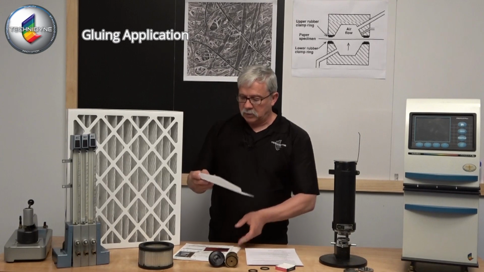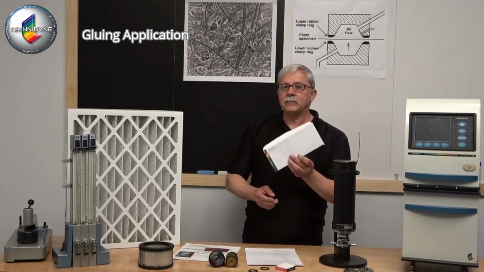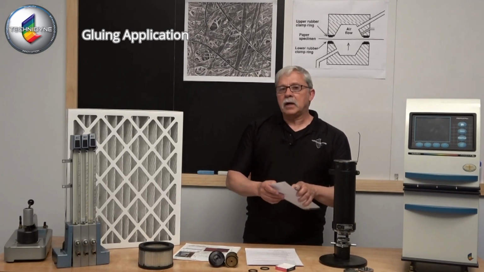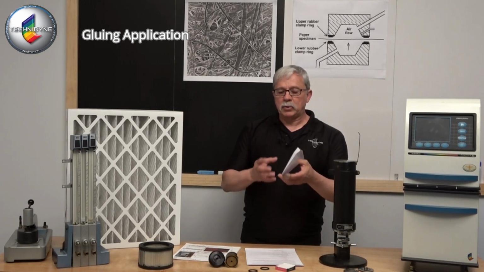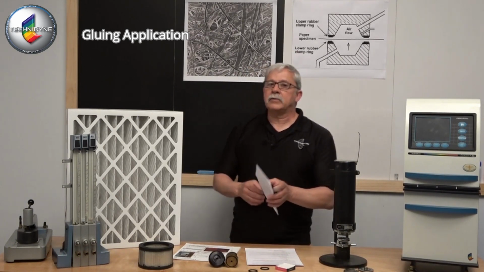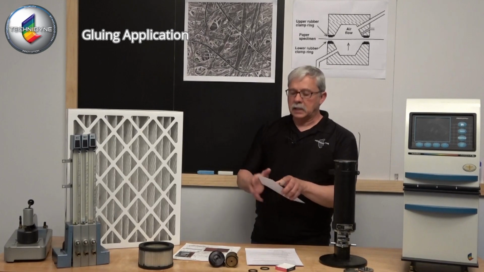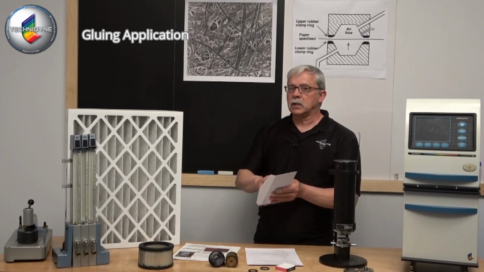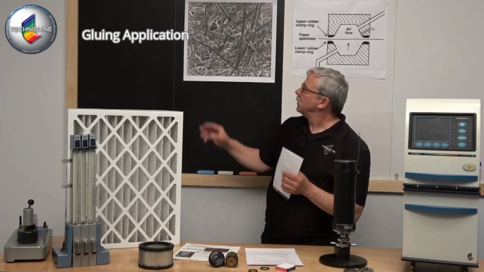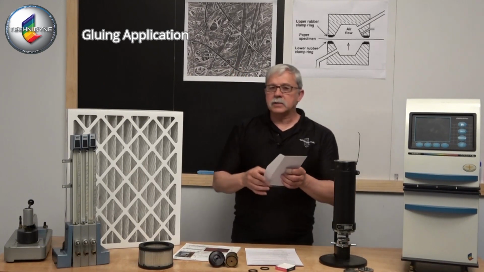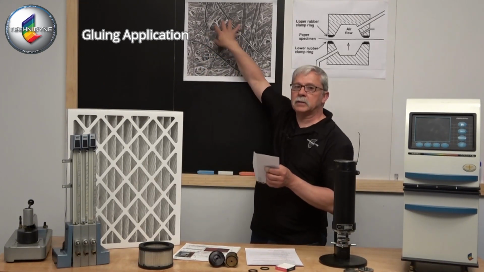A gluing application might be for making up envelopes. We have to have enough permeability to allow that glue strip, when I lay it down on this sheet before I fold it all up and start to build my envelope, to wick in a small amount into my surface.